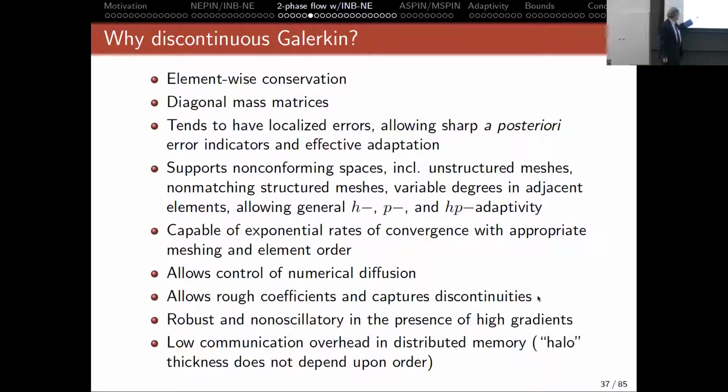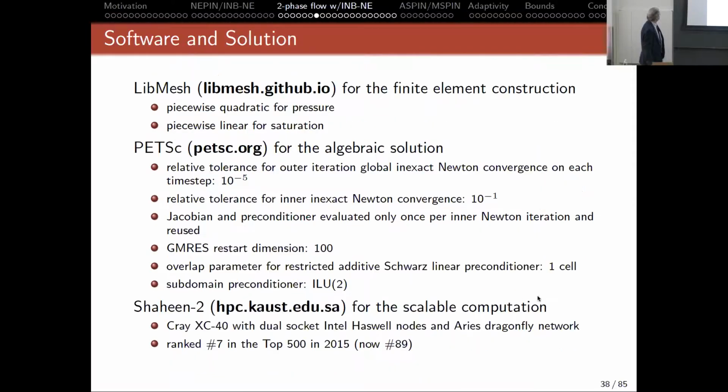But one that I think is especially important is that when you go to high order, you don't have a big halo. It's very useful for parallel computing with domain decomposition. So software is going to be libMesh for the finite elements, PETSc for the algebraic solvers, and Shaheen 2, our supercomputer at KAUST, our Cray XC40.